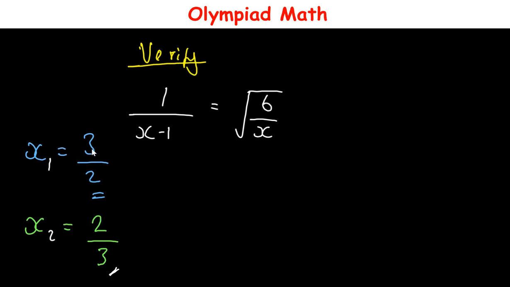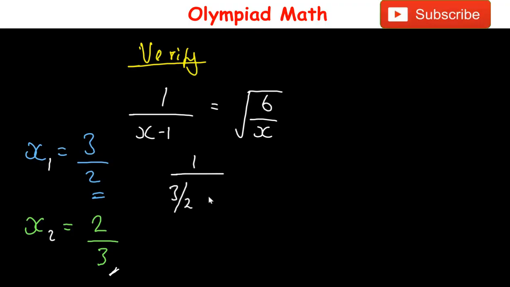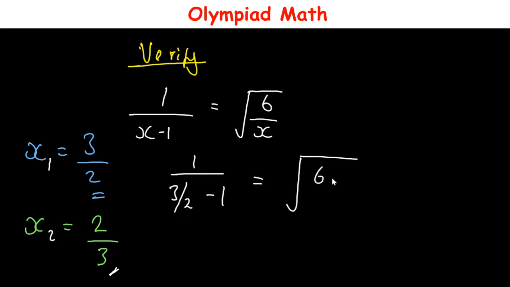So when x equals 3 over 2, this becomes 1 over 3 over 2 minus 1 equals the square root of 6 over 3 over 2.